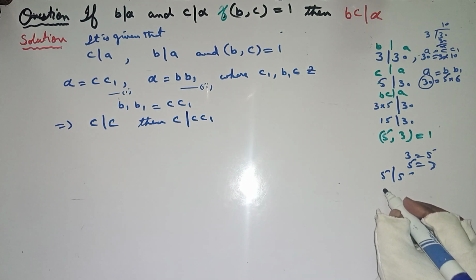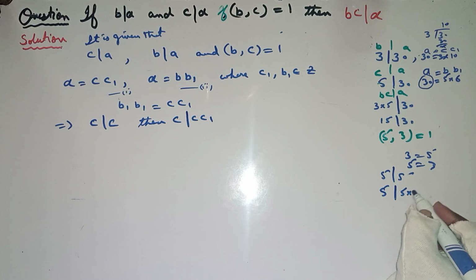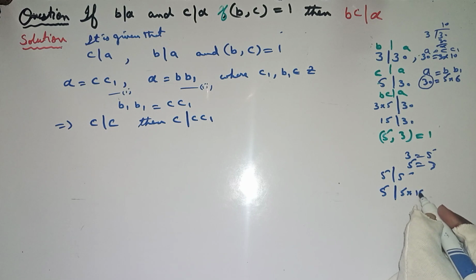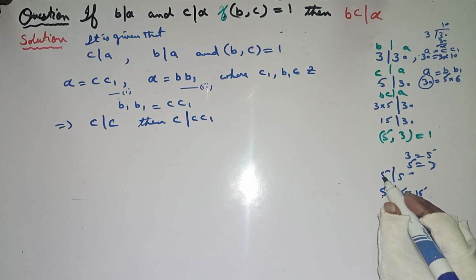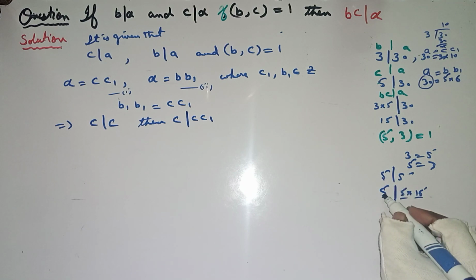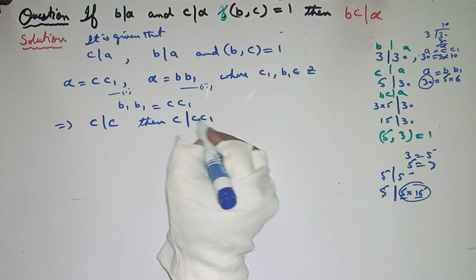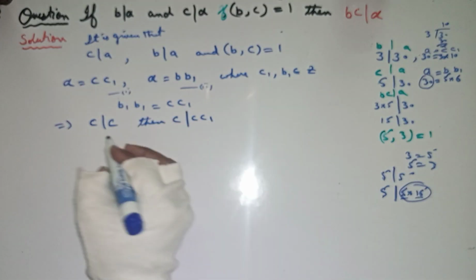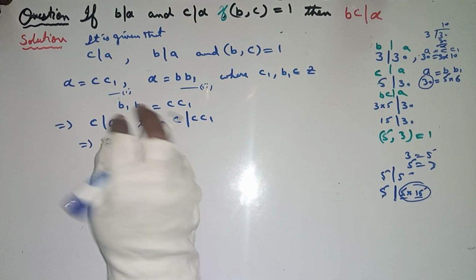If 5 divides 5, then 5 must divide any multiple of 5, 10, 15, any multiple of 5. Okay, if some number divides itself, then that number must divide any multiple of that number. Understood? If C divides C times C1, this side of this equation, then this implies C must divide B times B1.